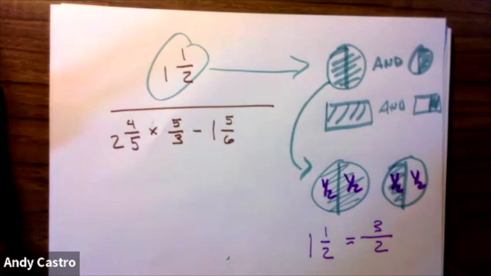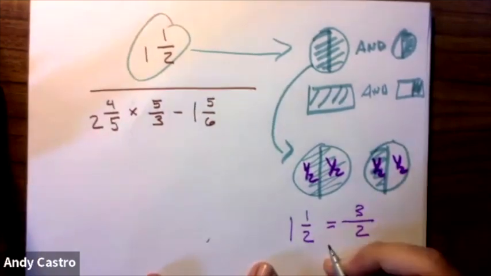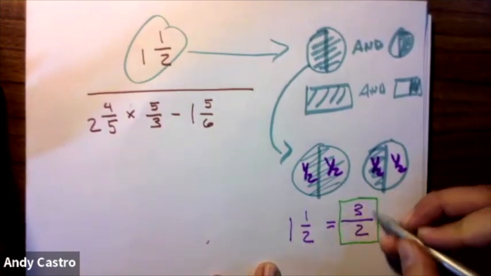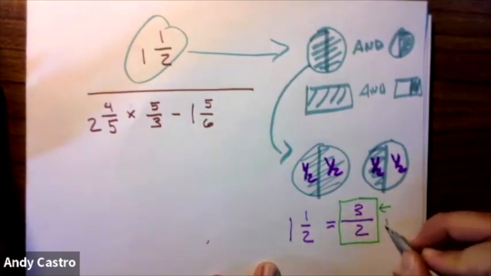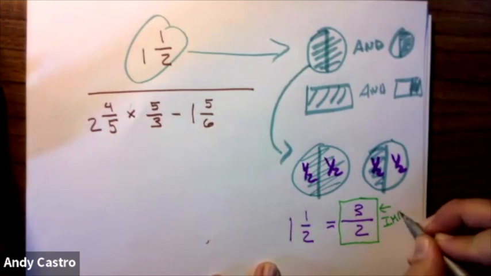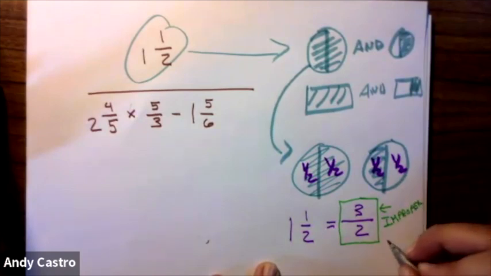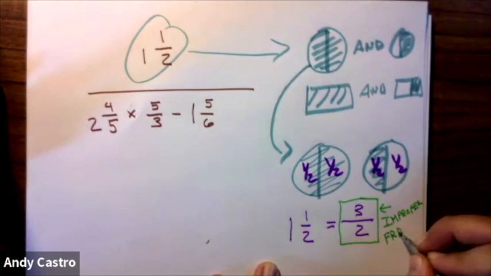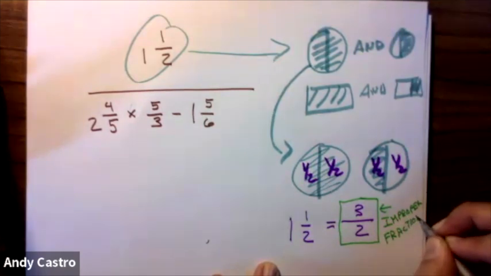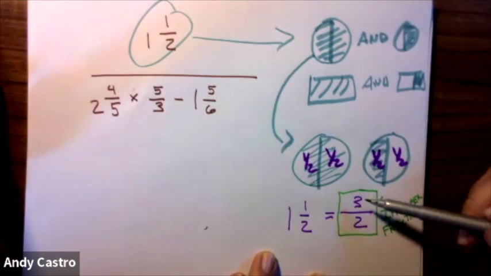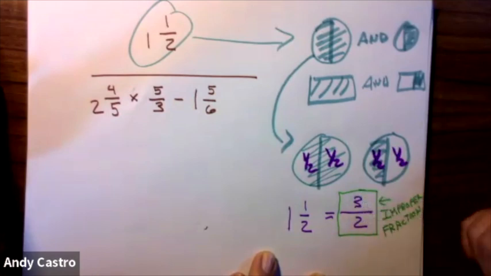Okay, so let's go over some terminology when it comes to this. 3 halves and 1 1/2 are the same thing. This format, where you have 3 halves, is known as an improper fraction. It has the word improper because notice how my numerator is bigger than the denominator.